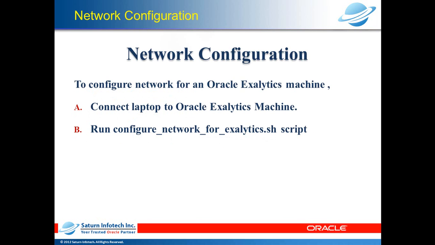So first we'll look at the network configuration. To configure the network for the Oracle Exalytics machine, the first step is we need to connect a laptop to OEM. I'm going to call OEM for Oracle Exalytics machine. And then we need to run the script called configure-network-for-exalytics.sh.